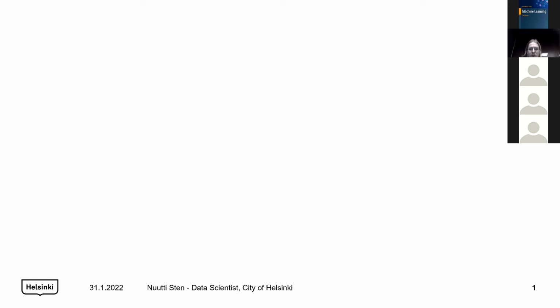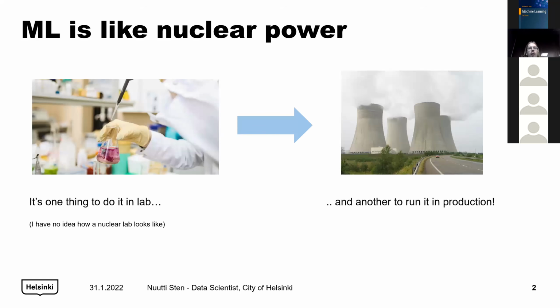But yeah, I want to start the talk with a sort of metaphor, because I like those. So comparing machine learning to something that we are all familiar with, and sort of leading you into the topic of the day. I think, in my opinion, machine learning is quite like nuclear power. It's difficult to set up. It's sort of a one-way ticket.